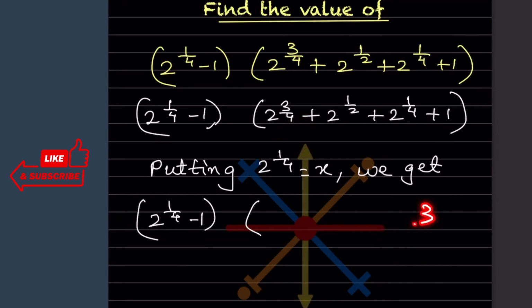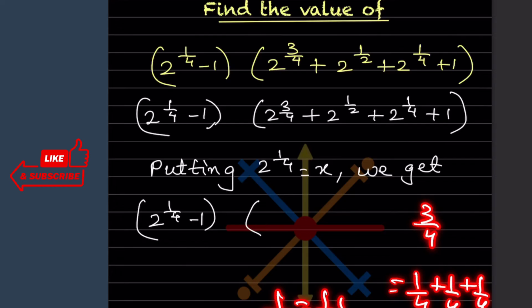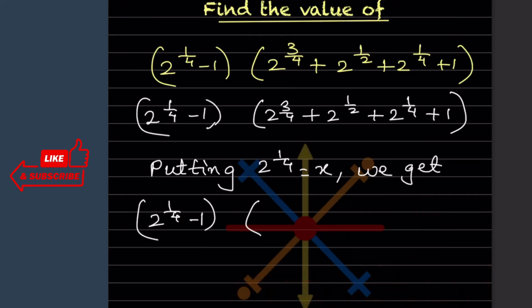whenever we write 3 by 4, 3 by 4 is nothing but 1 by 4 plus 1 by 4 plus 1 by 4. And 1 by 2 is 1 by 4 plus 1 by 4, that is 2 times. And 3 by 4 is, this 1 by 4 is going to be 3 times. So what are we going to write here? 2 raised to 3 by 4, we'll write x cube.